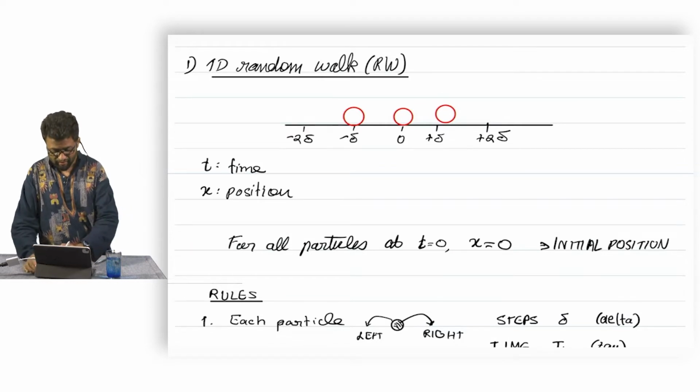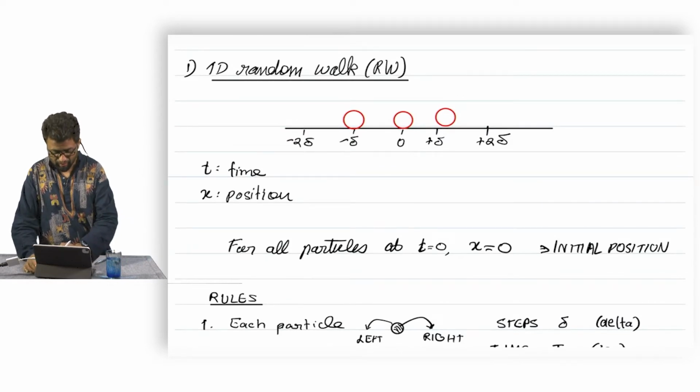And in fact, at the next step, this particle may choose to go right or left. So, I do not want to change the size. So, it may go right or it may go left. So, return to its original position.